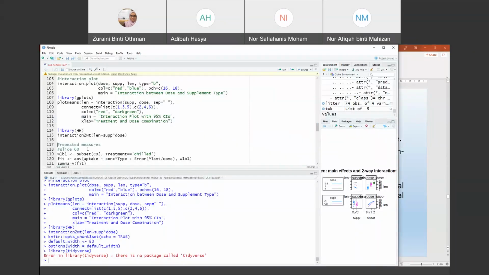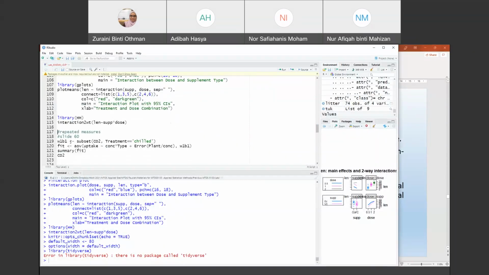Okay, so repeated measure. This is for the slide. Okay, kita dah pakai dataset lain, which is with the treatment for chilled. Then this is for carbon dioxide. We name it as W1B1.